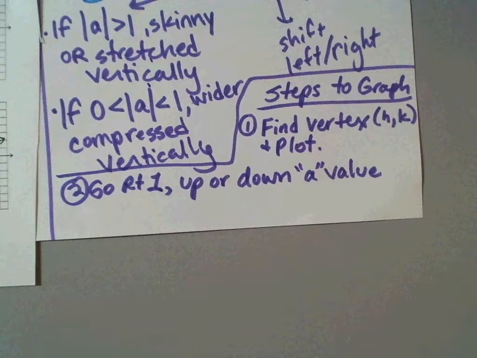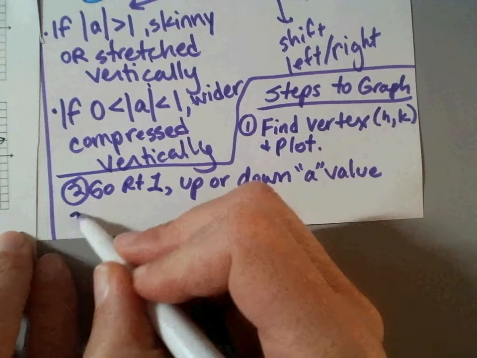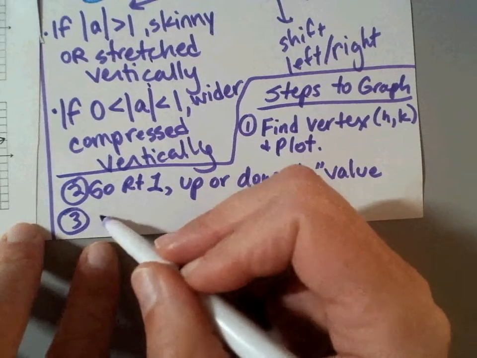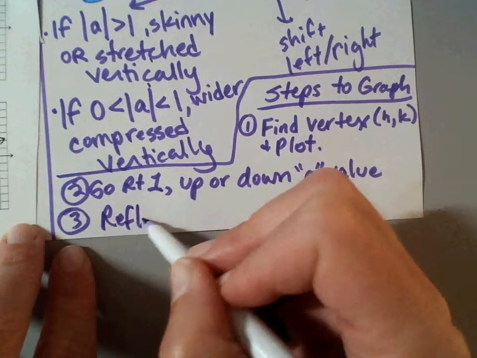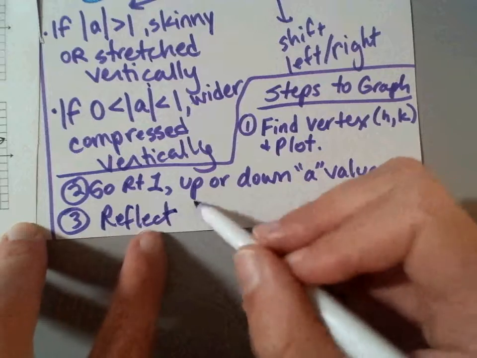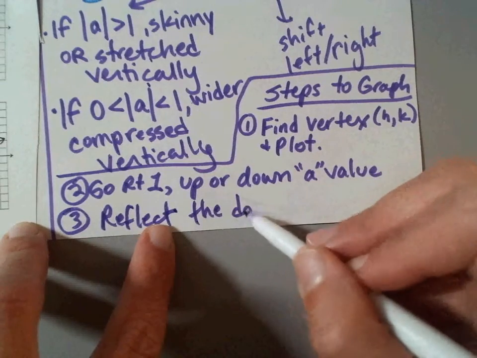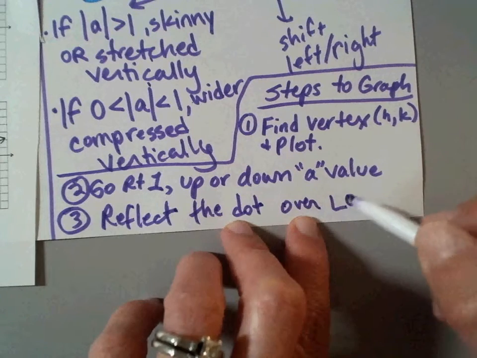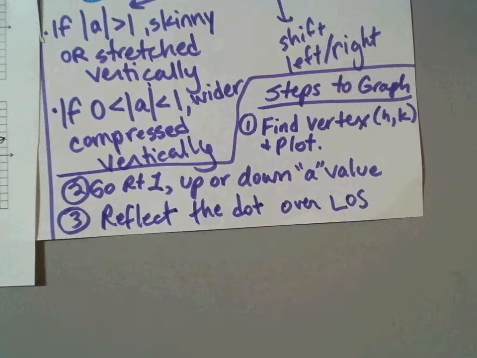If A is a half, I go over 1, up a half. And then you would have the right side of that graph, so then you just have to reflect the dot, or I should say point, over the line of symmetry, LOS.